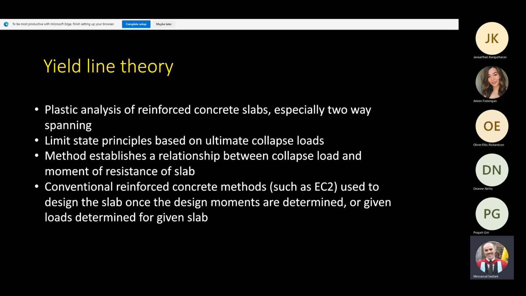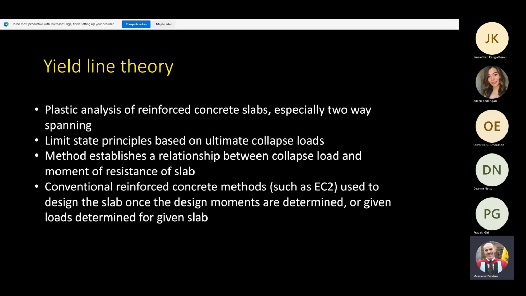This load here, I can determine it from testing. And if I can determine the load from testing, then with the yield line, which gives me the relationship between collapse load and moment of resistance, I can determine the moment of resistance. Can you see the three different methods? You've got testing, you've got the code, and you've got the theory.